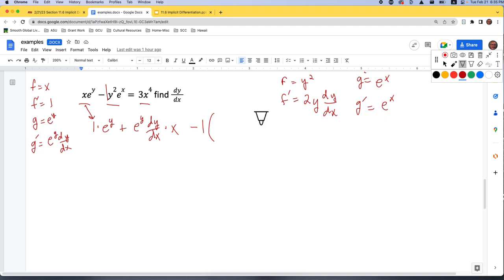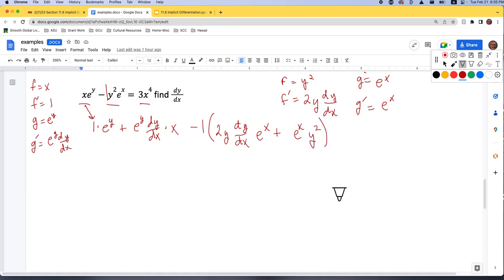Okay, and now we've got to put the pieces together. So the derivative of the first part, 2y dy dx, times the second part unchanged, which is e to the x, plus the derivative of the second part, which is e to the x, times the first part unchanged, y squared.